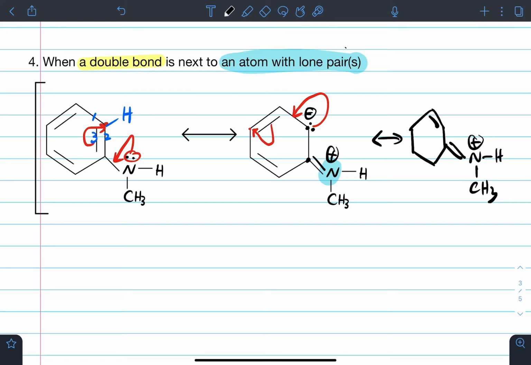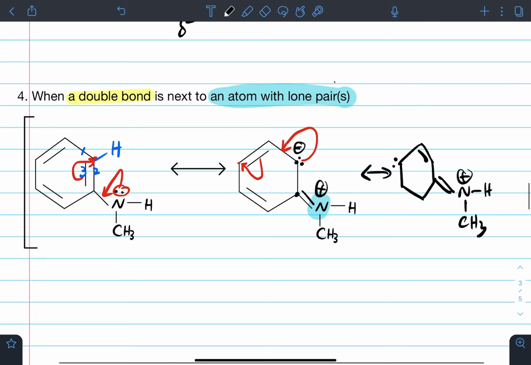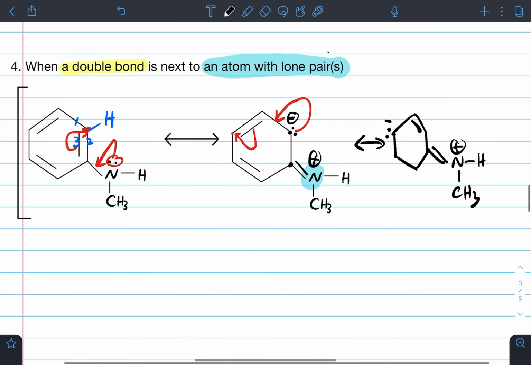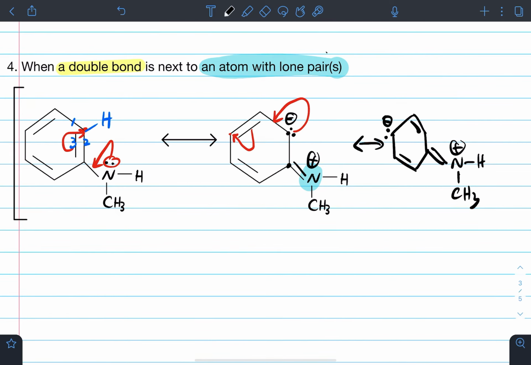And then I also assign the 2 electrons of this original double bond to this carbon. That would give my carbon here a negative charge. And this double bond never did a single thing, so it is still here.